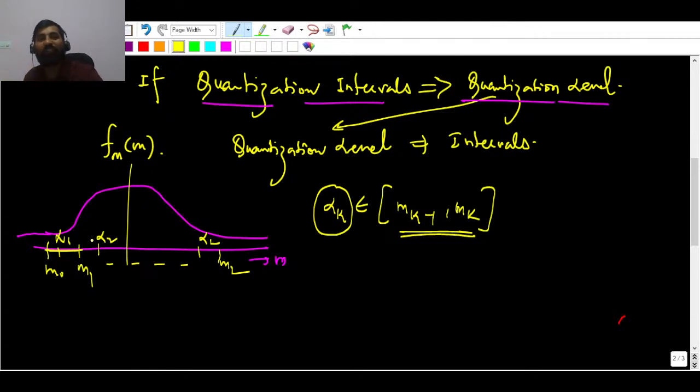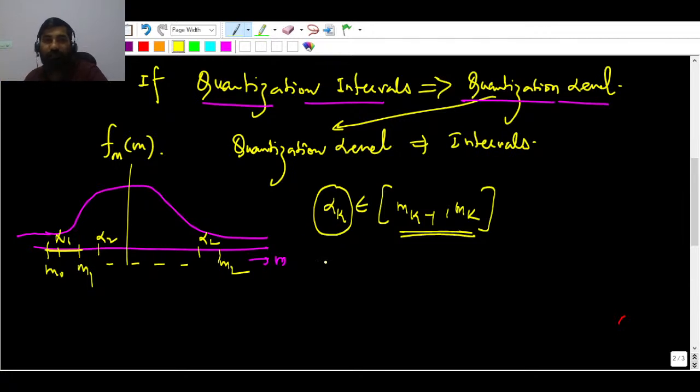And that is going to help you minimize the required mean square error. When you follow the Lloyd Max algorithm and try to minimize it, in mathematics we have studied that if you want to minimize any function, you have to take the derivative of that and equate it to 0.